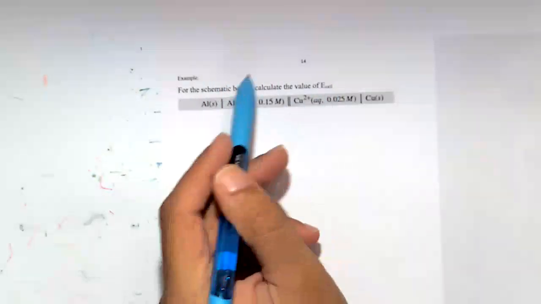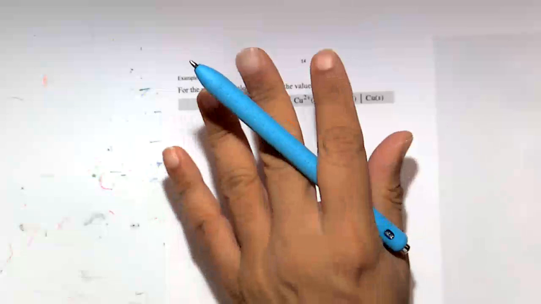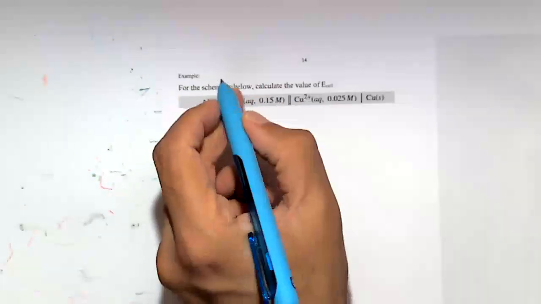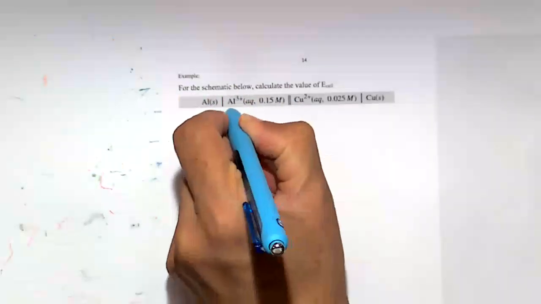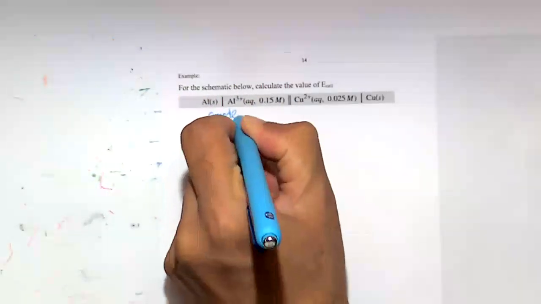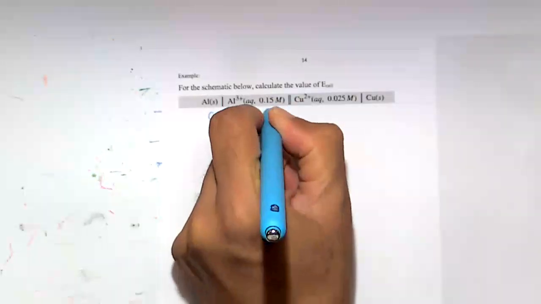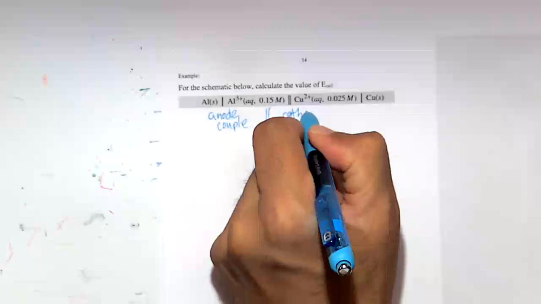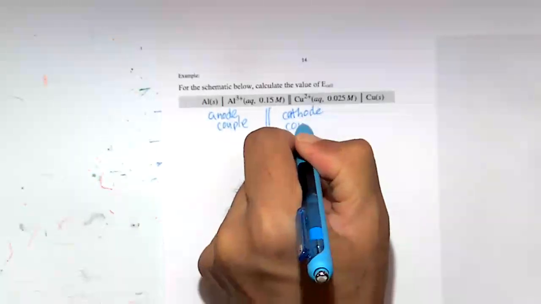So, we're using this type of notation. Please, I ask each and every one of you to know this. This is called the anode couple. Those two lines there mean salt bridge. And this is the cathode couple.